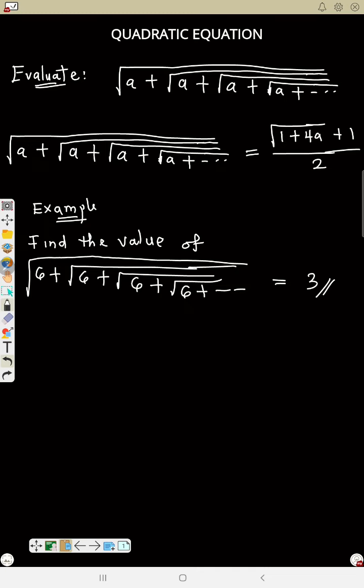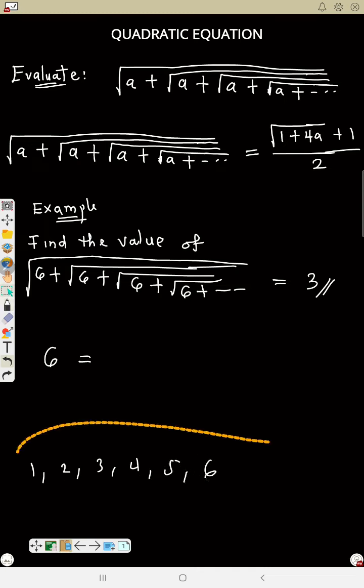So like that. Now another way is that you can change this 6 to a product of two consecutive integers. Two consecutive integers are numbers that follow each other, like 1, 2, 3, 4, 5, 6. They are consecutive integers. If you can change this number to a product of consecutive integers, you are good to go.